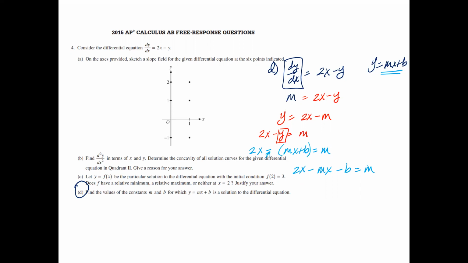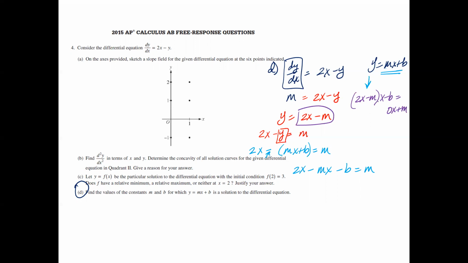I now need to go ahead and figure out what my b value is going to be. So I have 2x minus m times x minus b, which is equal to 0x plus m.